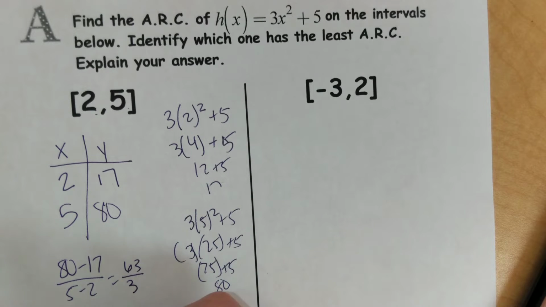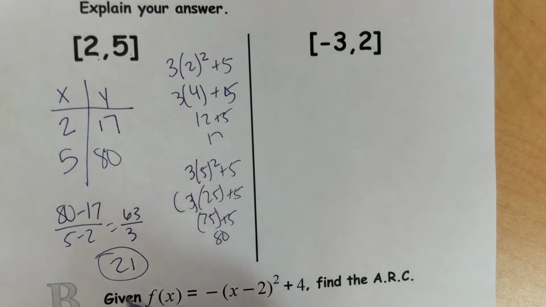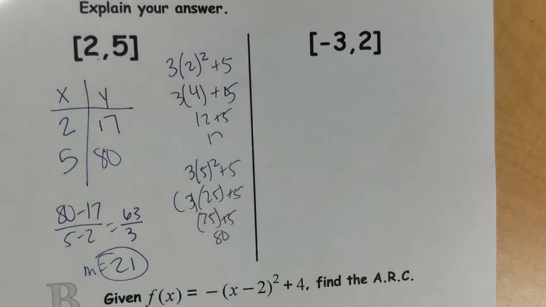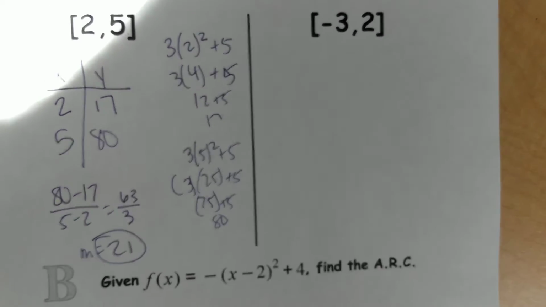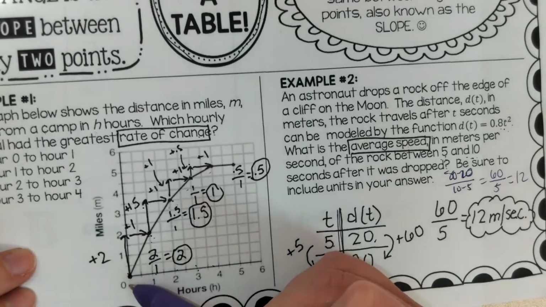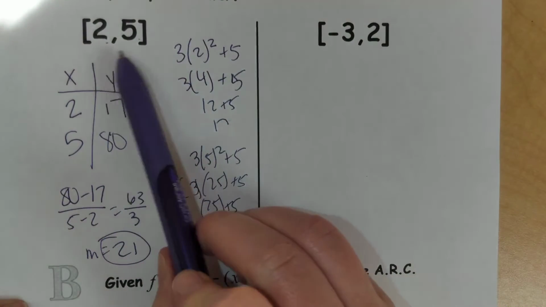And so my average rate of change ends up being 21. That's my average rate of change across this interval. And that would be an example of saying, like on this first page that we talked about, the interval 0 to 1, or from 1 to 2. We just happen to do interval 2 to 5 here.